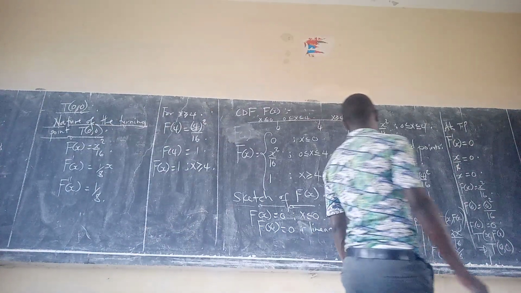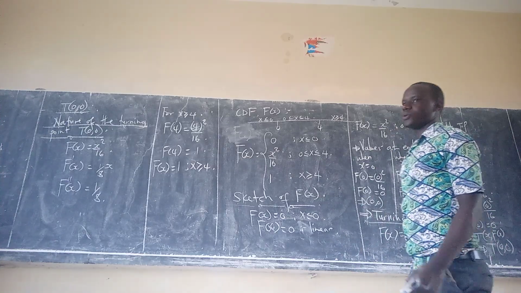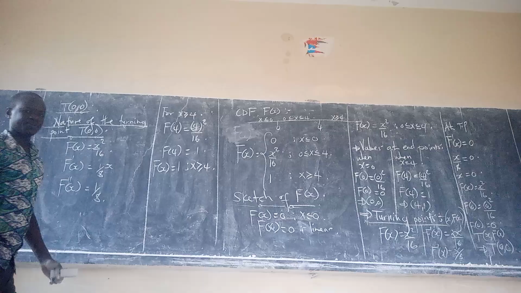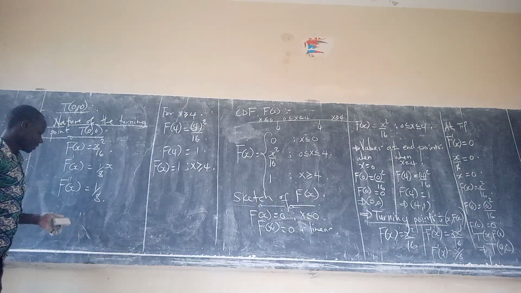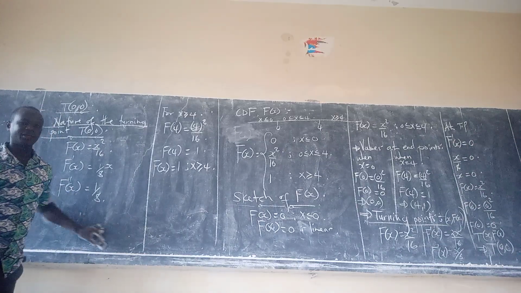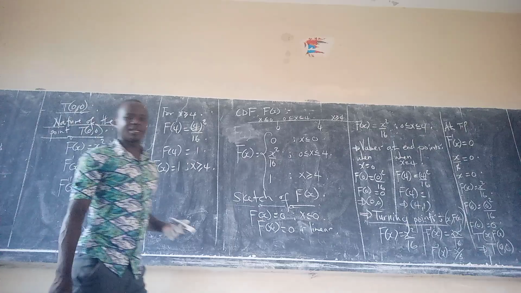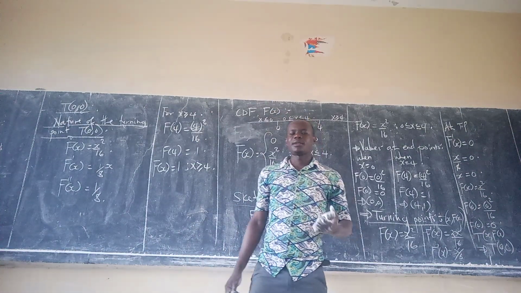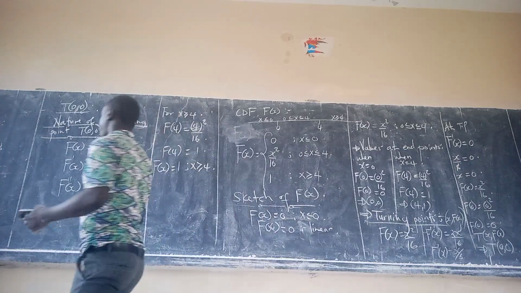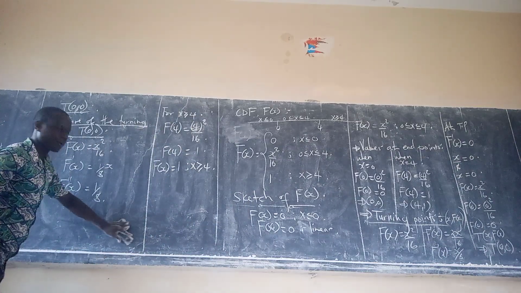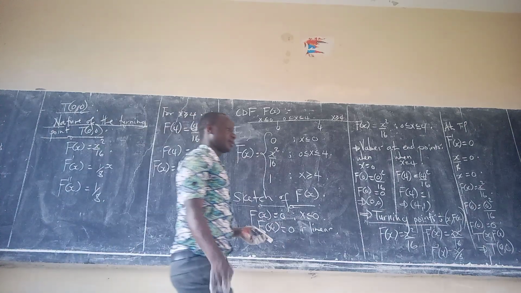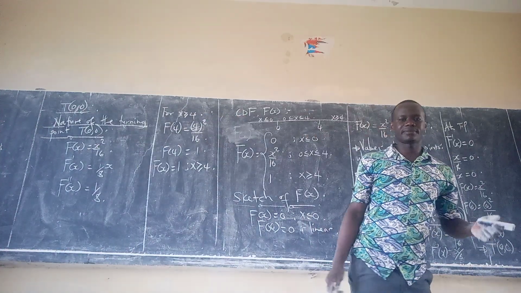For the second derivative, you get the x-coordinate of the turning point and you substitute it in the second derivative. If the result is greater than 0, it is a minimum. If the result is less than 0, it is a maximum. And if it is 0, it is a point of inflection. But most of the points that we deal with are either minima or maxima.